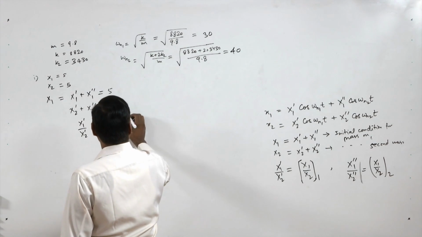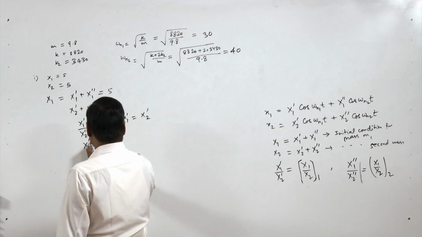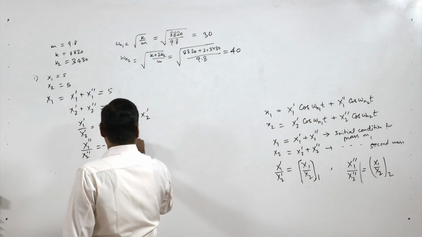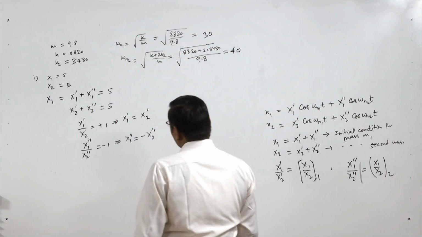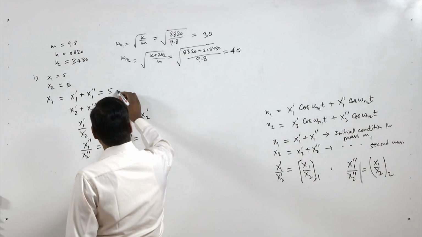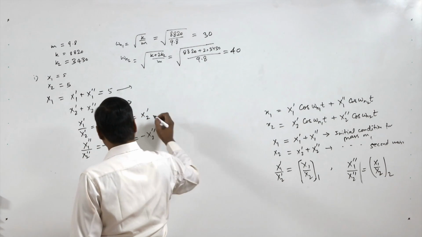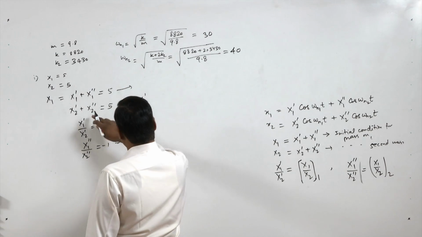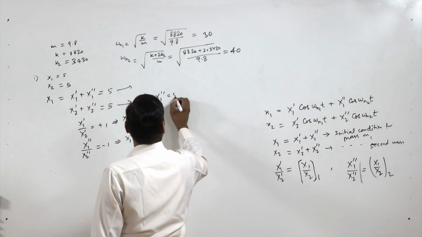This implies that x1 dash equal to x2 dash, and for the second mode shape x1 double dash by x2 double dash equal to minus 1. So, x1 double dash equal to minus x2 double dash, and x2 double dash is minus x1 double dash equal to 5.